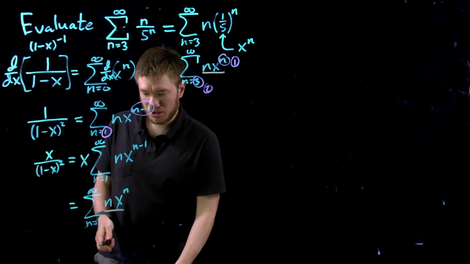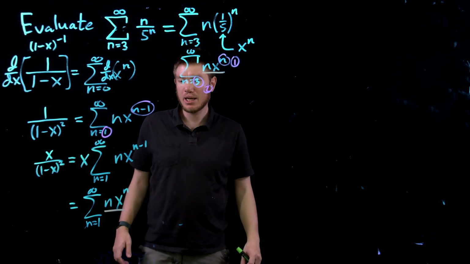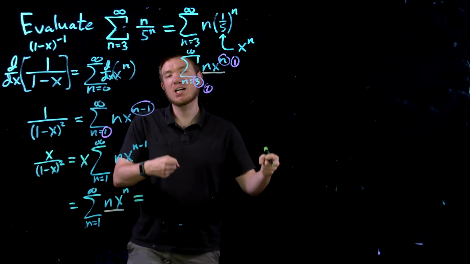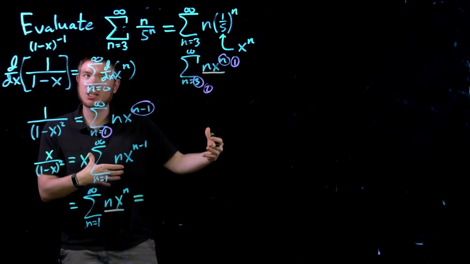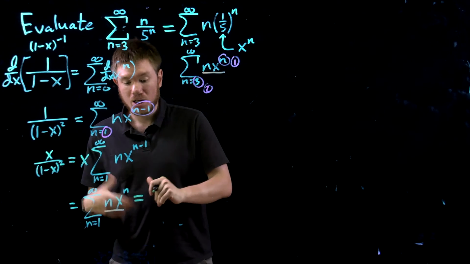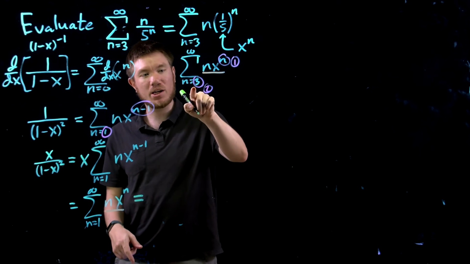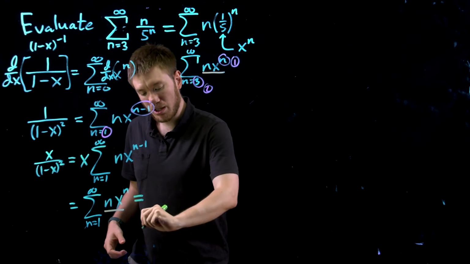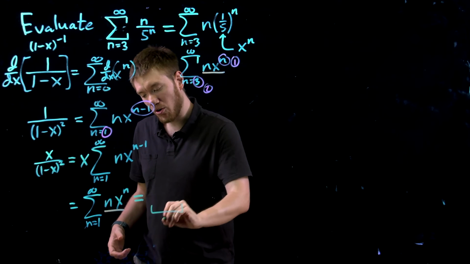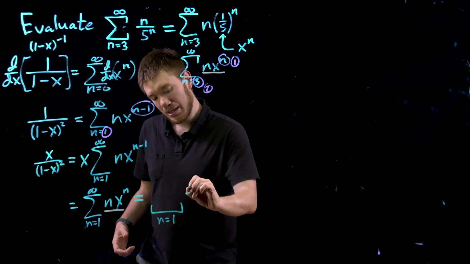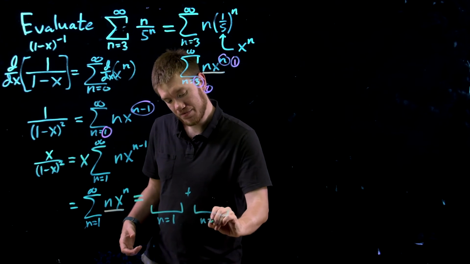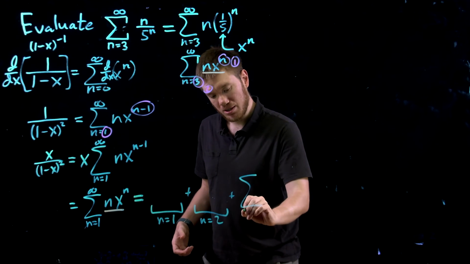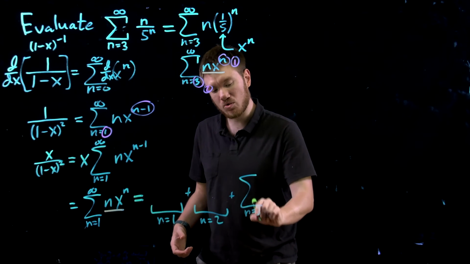Now we can deal with this n equals 1. One thing we know about series is that we can pull out a finite number of terms and not affect the convergence of the series. So, for example, here we start at 3 up here, but we start at 1 down here. A helpful way to think about this is we can pull off the first and the second term and then sum up everything else, and everything else will start at 3 and go to infinity.